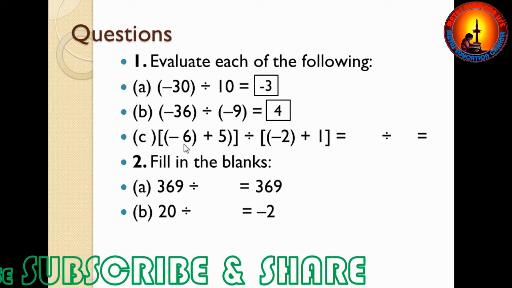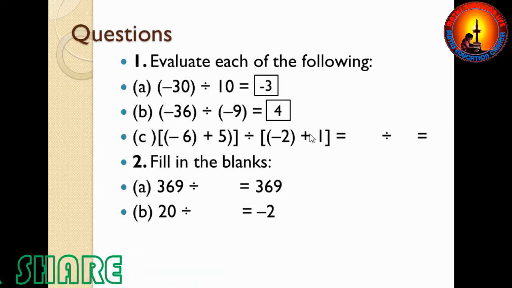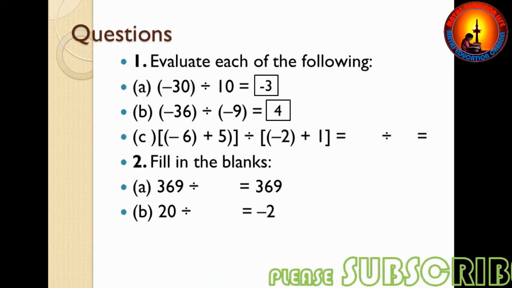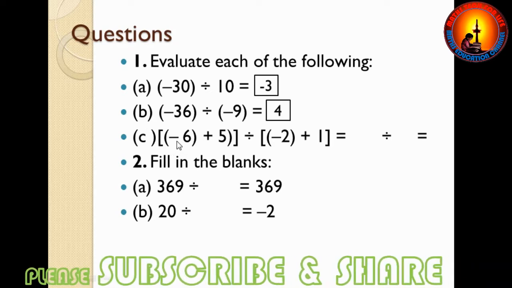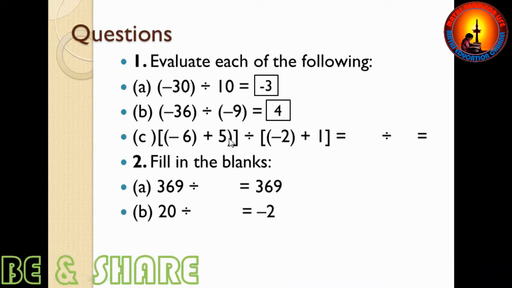The next question, negative 6 plus 5 divided by negative 2 plus 1. I always suggest, if you get this type of question, first give preference to the numbers inside the brackets. Here the numbers inside the first bracket are negative 6 plus 5.